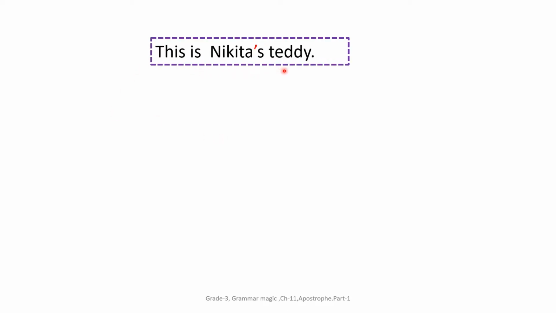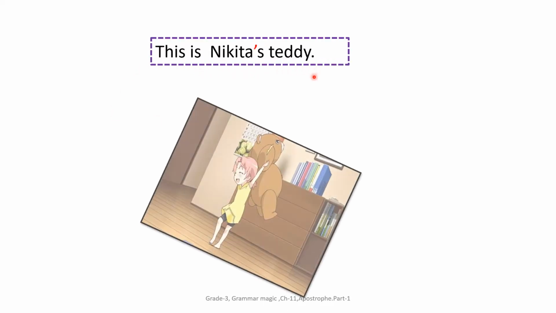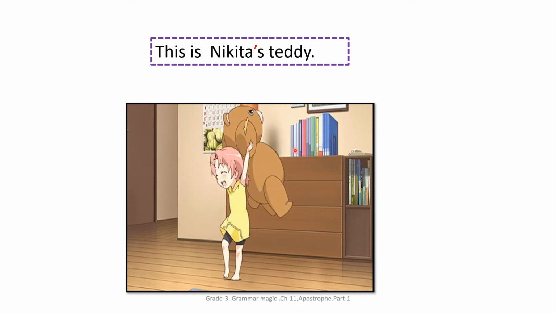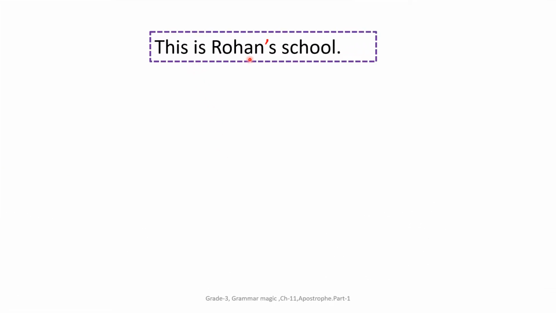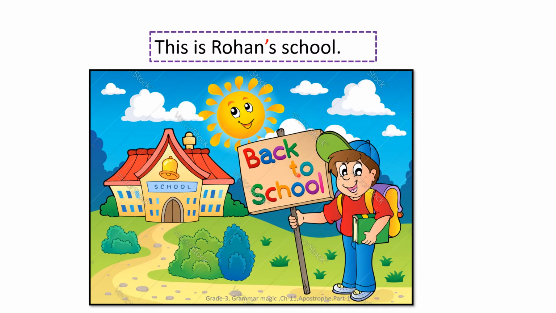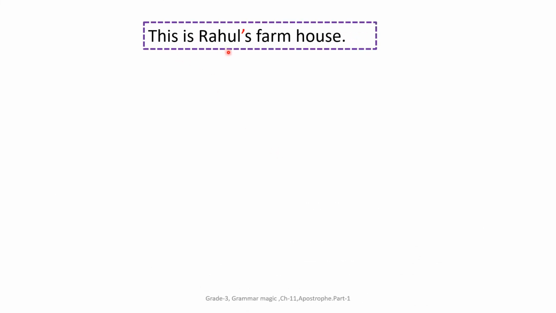This is Nikita's teddy. This is Rohan's school. This is Rahul's farmhouse.